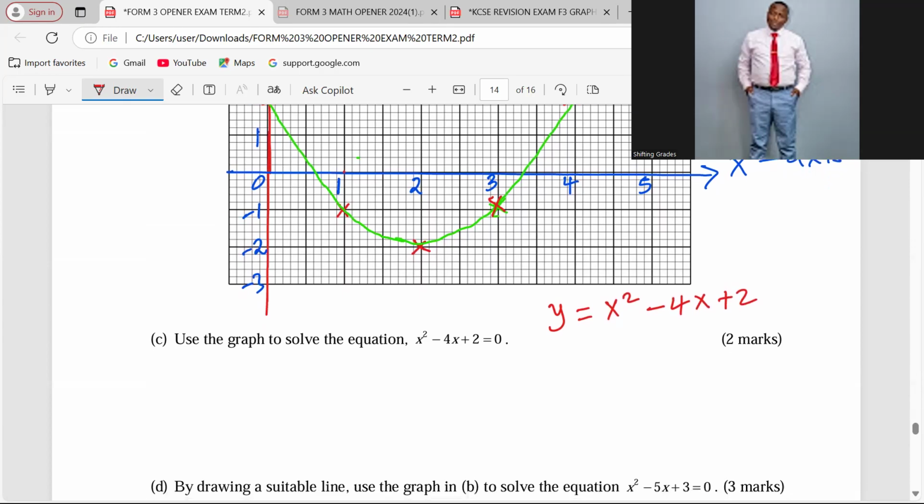Then you arrange the equation which you are supposed to solve in such a way that terms are corresponding, so the x squared term aligns with the other x squared, the term with x with the other x term, then plus 2.